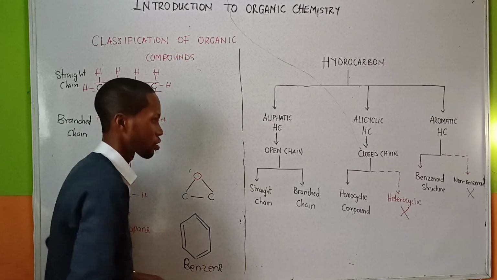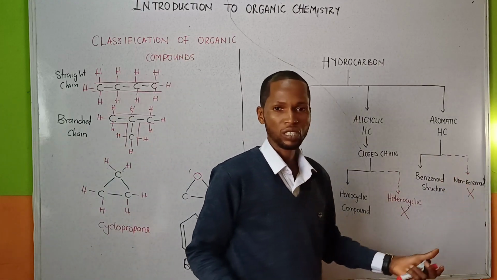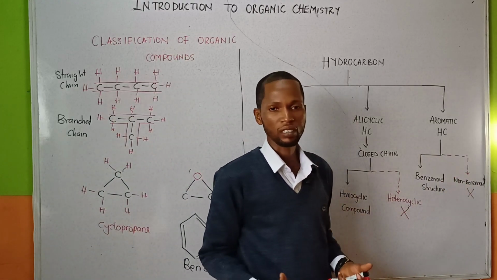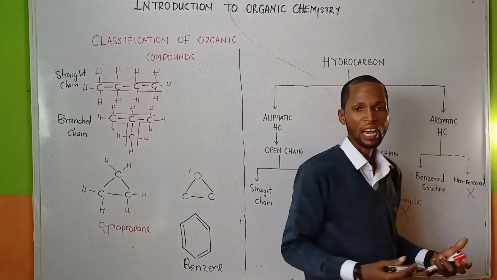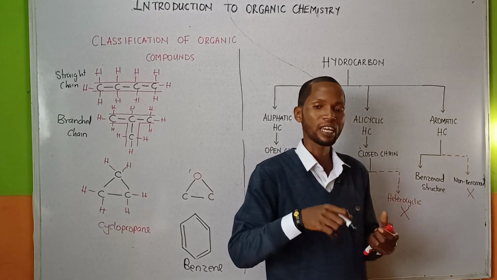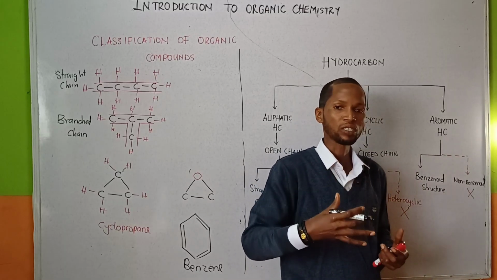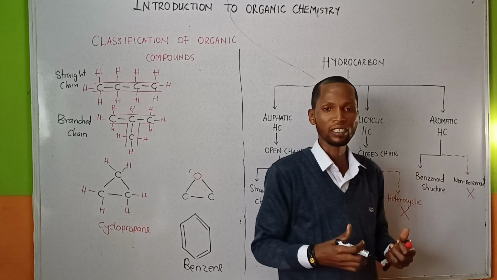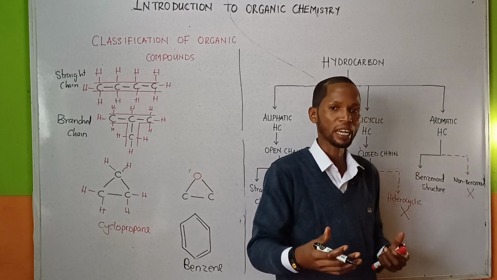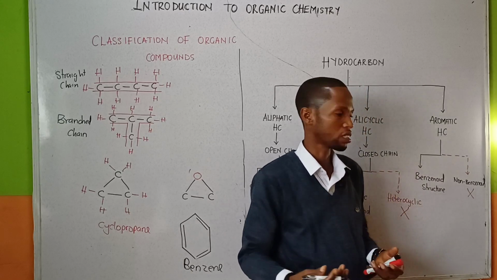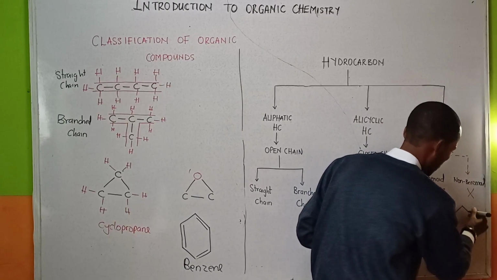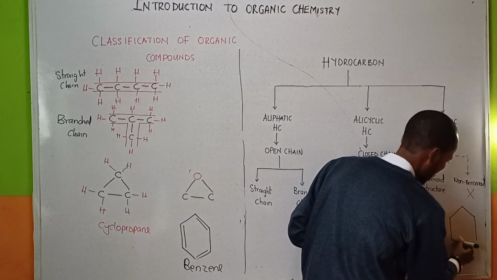For the non-benzenoid structure, a very good example is pyridine, which has nitrogen as the heteroatom, that is, the atom that exists in the structure other than carbon and hydrogen. We have the pyridine.